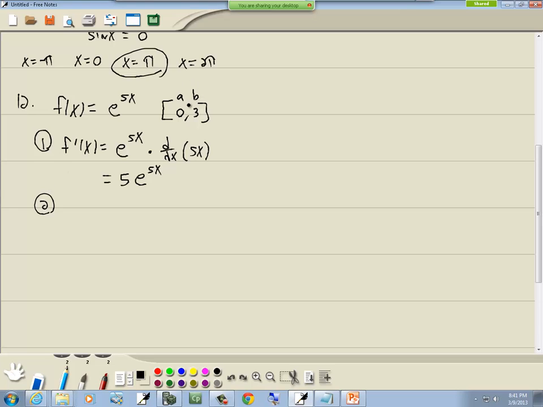Step 2, this is a, this is b, so we want to find f of b, which is f of 3, which gives us e to the 5 times 3 power, which is e to the 15. We want to find f of a, which is f of 0, which is e to the 5 times 0. 5 times 0 is 0, and e to the 0 is 1.